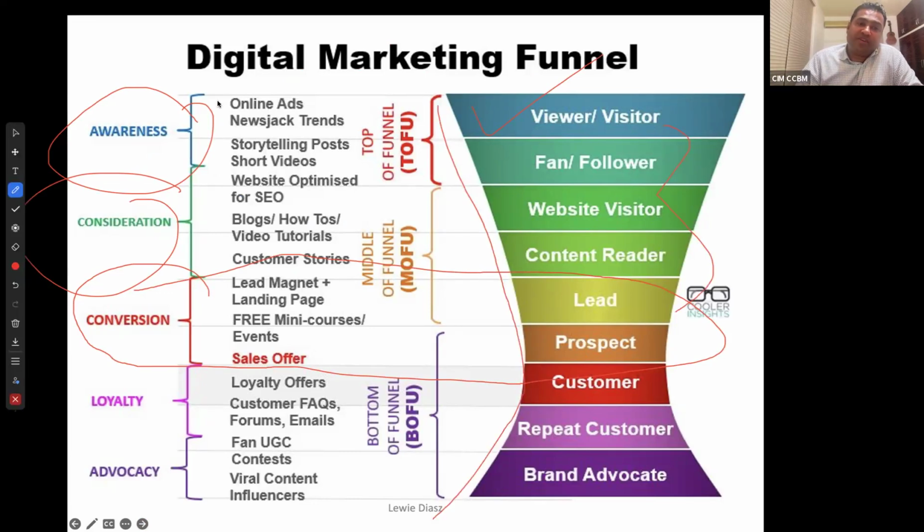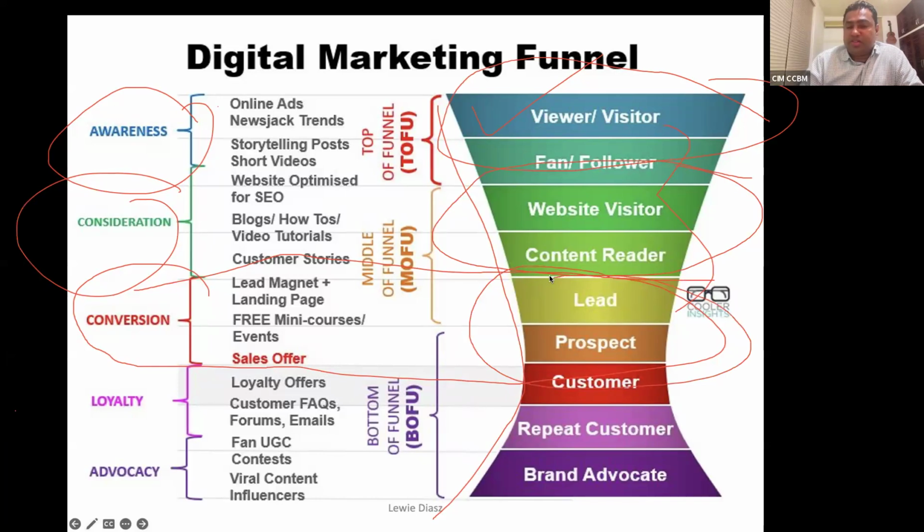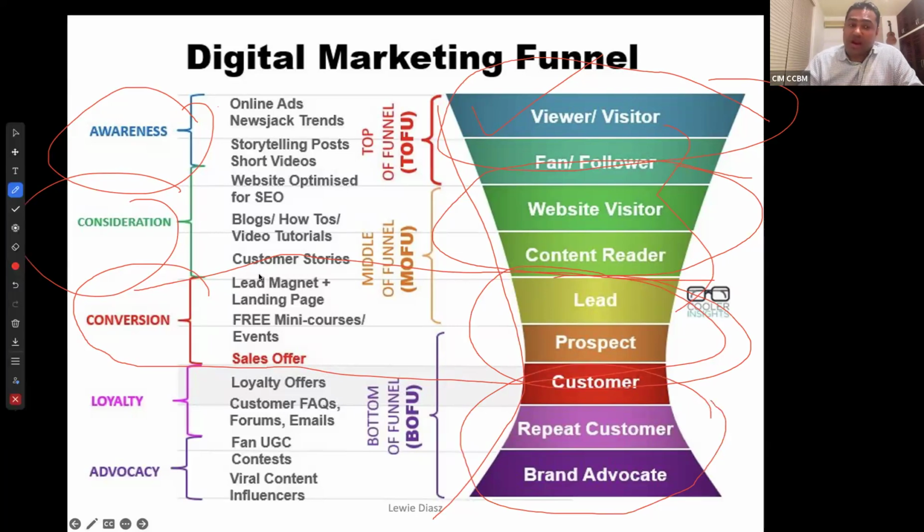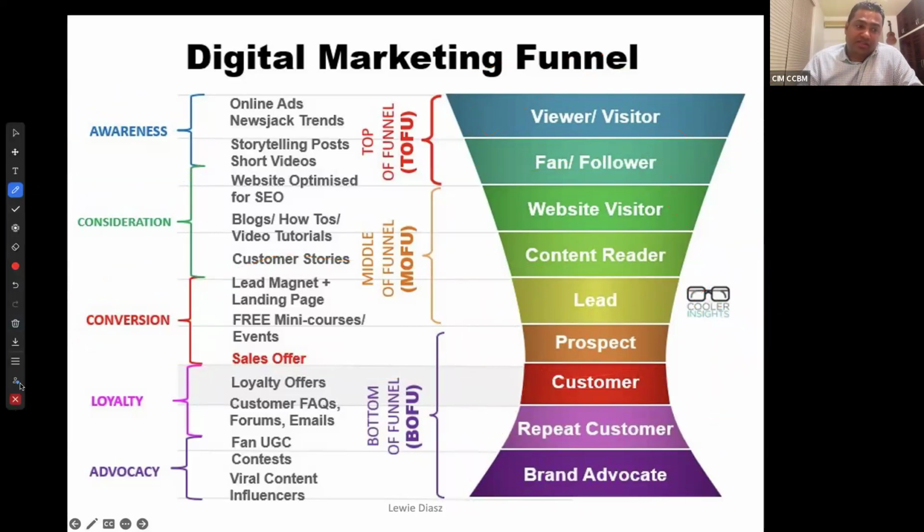So the job of a digital marketer is to make sure you have a large number of customers who are aware, and then a large number of customers who actively consider your product. But conversion is the sale. How many people buy? How many people go to the checkout, the basket online and pay? And then you have repeat customers and loyalty advocates who will advocate your brand, right? So this is the digital marketing funnel.